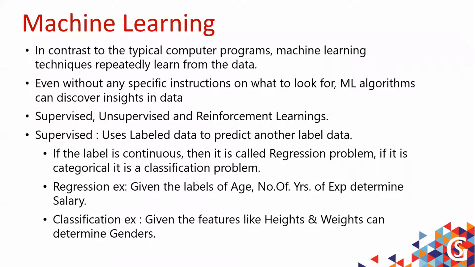That's the typical computer program. But in a machine learning program, even without specific instructions, because of the algorithm or the statistical formula running behind the scenes, it will try to discover a lot of insights in the data. And that is what differentiates machine learning programs from normal computer programs.